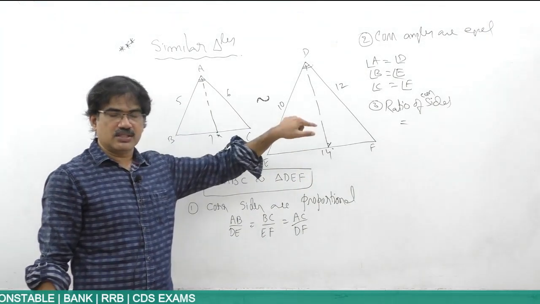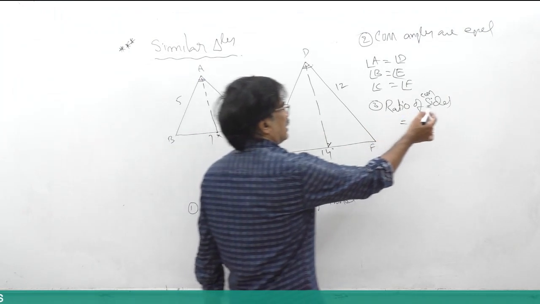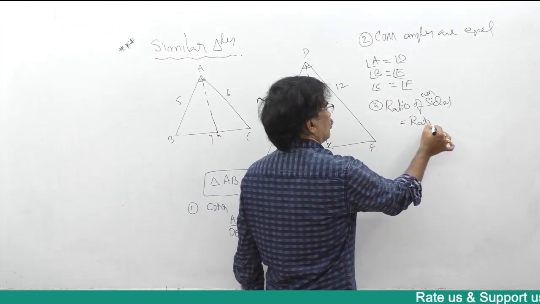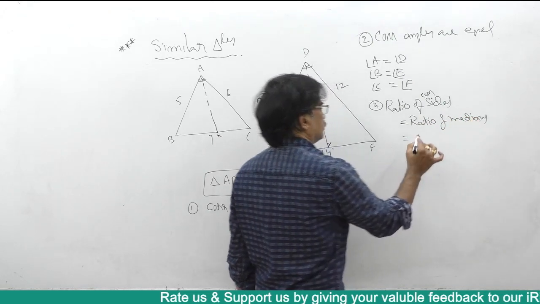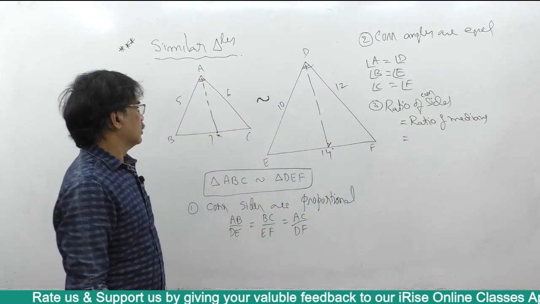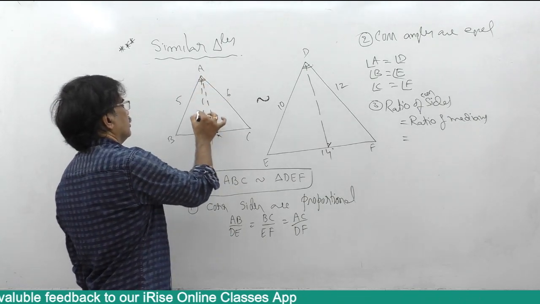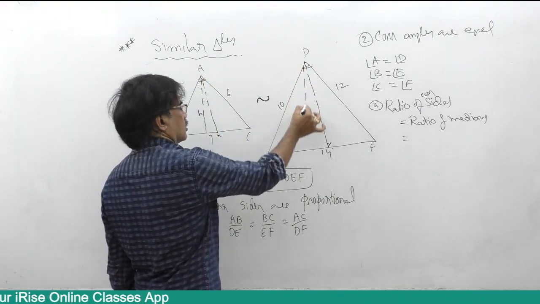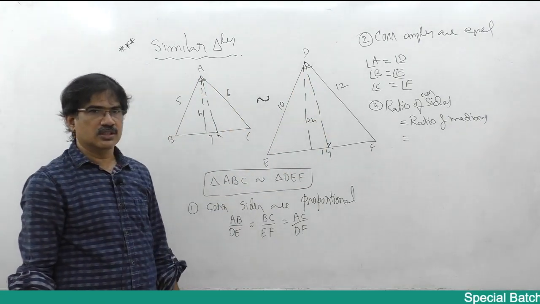Previous question was given based on this. So the ratio of sides is equal to the ratio of medians. Not only medians, if you draw an altitude, height, if this is h, then what is the corresponding height? Nothing but 2h, because the ratio of sides is 1:2.